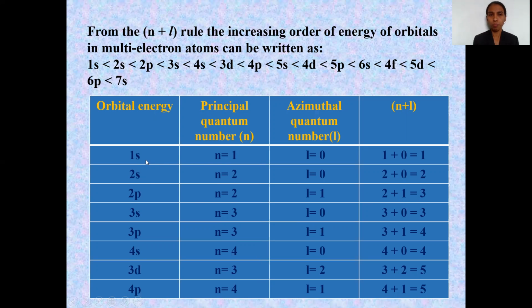So if we go according to n plus l, here you can see the increasing order of n plus l, and according to the increasing order the energy of that orbital is also increasing, means 1s is less than 2s, 2s is less than 2p. So here the energy of the orbitals is increasing in this order. So in this way you can apply the n plus l rule for the orbitals.